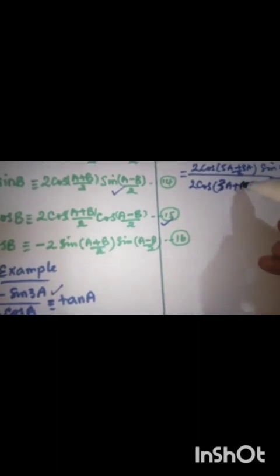What does it say? 2 cos of 5A plus 3A over 2, and cos of 5A minus 3A over 2.